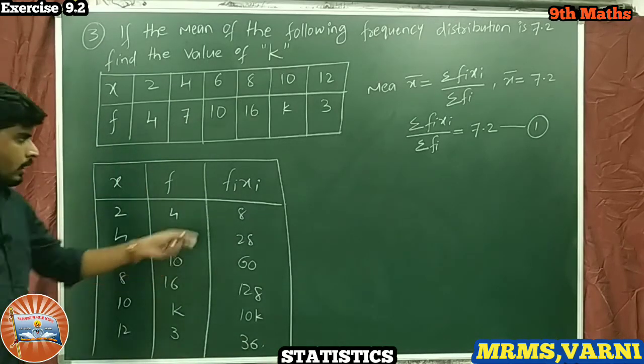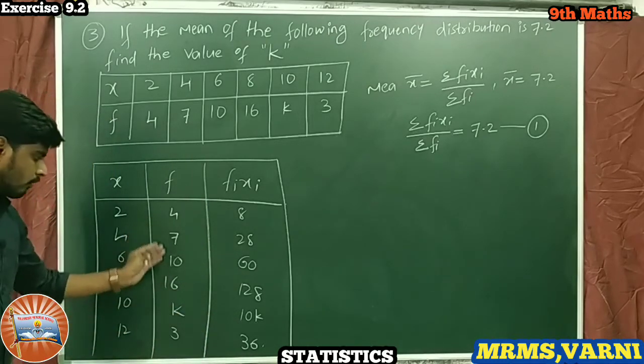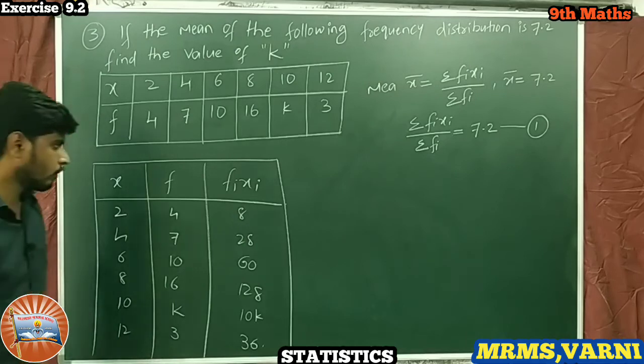Now we have to find the sum of these fi xi values and the sum of these f values.